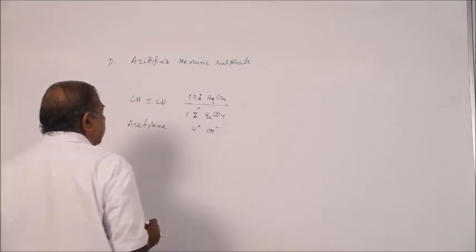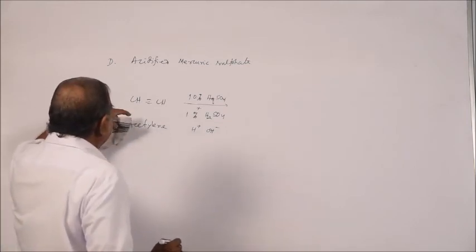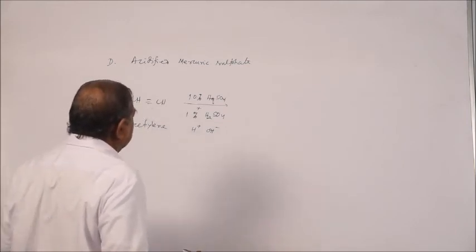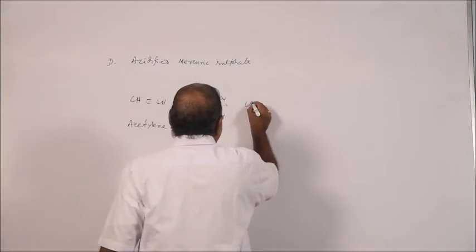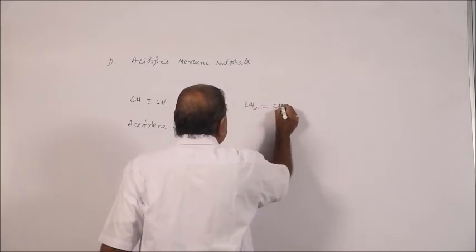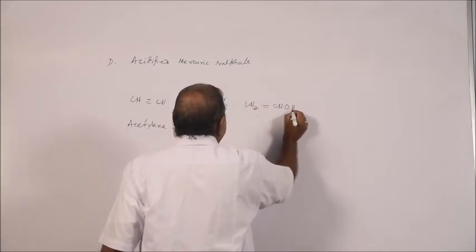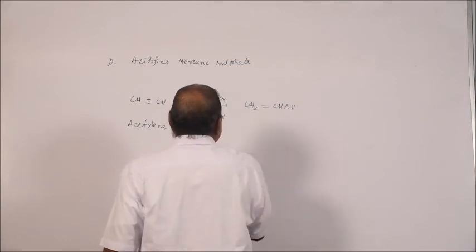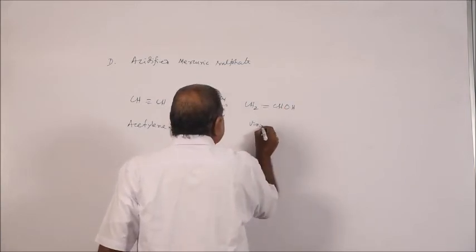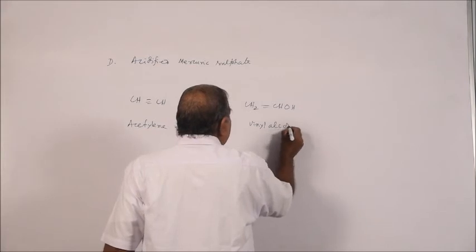Here 2 ions add, H plus and OH minus, but here you see the molecule is symmetrical, so no Markovnikov's rule is applied here. So you are getting an OH group attached to one carbon, H attached to another. The common name is vinyl alcohol.